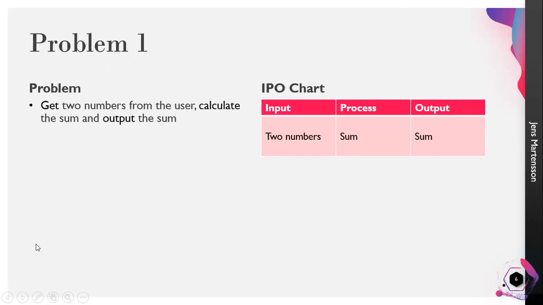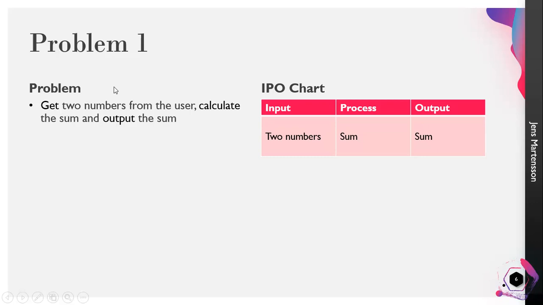Now let us look at the first example, problem 1. It says get two numbers from the user, calculate the sum, and output the sum. In this example, our keyword for input is get, and what follows the word get are two numbers.